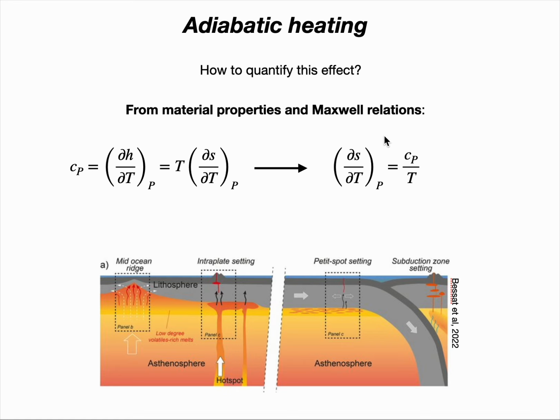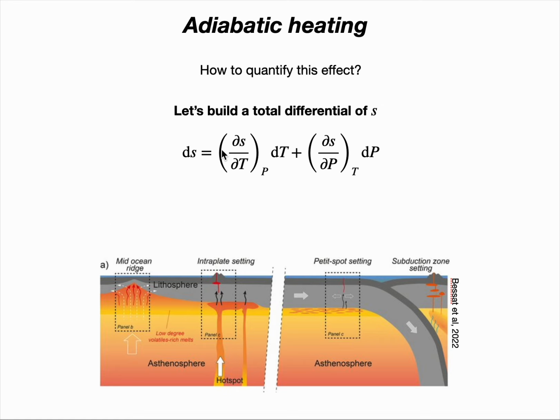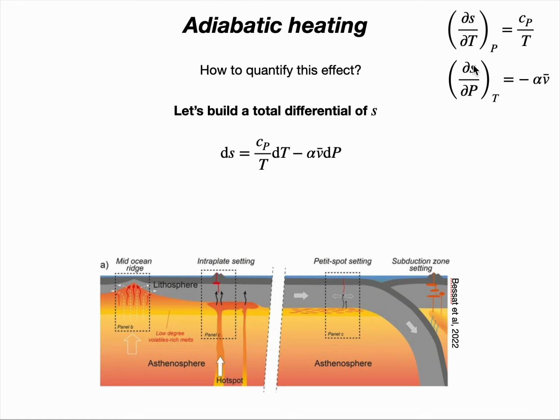So in the first slide, we got an expression for dS/dT, and now we get an expression for dS/dP. So if we make a total differential of S, we have dS is dS/dT at constant P times dT plus dS/dP at constant T times dP. But we have these two expressions for dS/dT and dS/dP, which we can substitute.